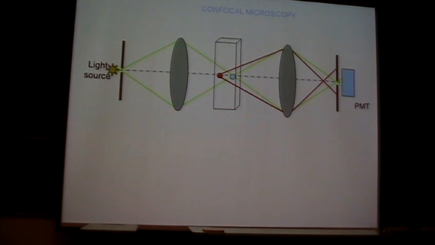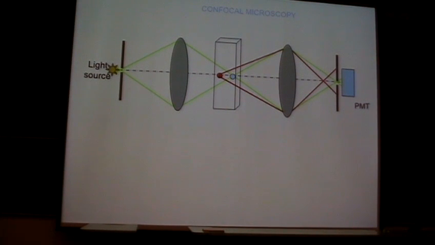This very simple idea allows you to achieve three-dimensional resolution, because now you can obtain information from a given volume of interest in the sample, and you can resolve features not only in the plane of the sample orthogonal to the optical axis of this imaging system, but also along this optical axis.